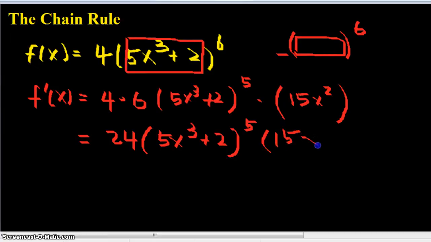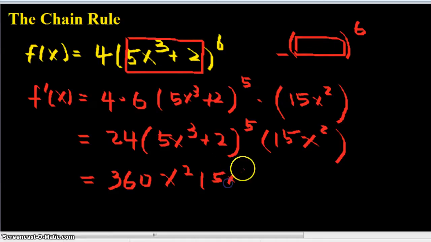This is already good, but to make it even better, I will multiply the 15 with the 24 and move the x squared to the front. 24 multiplied by 15 gives me 360x squared, and then (5x cubed plus 2), sorry about the bad handwriting, the whole thing to the power of 5. So this is my derivative of f of x using the chain rule.